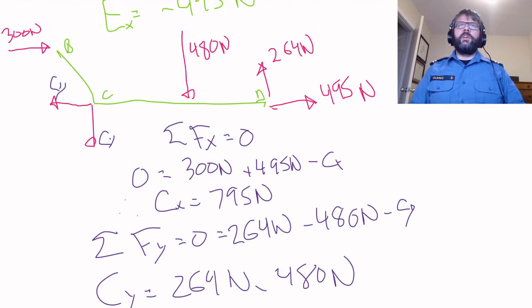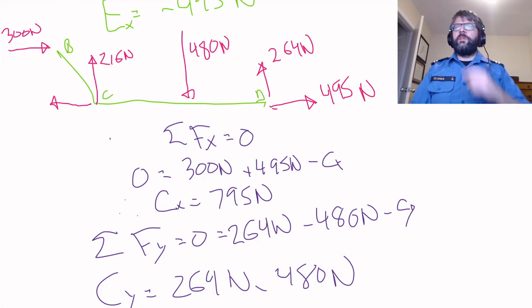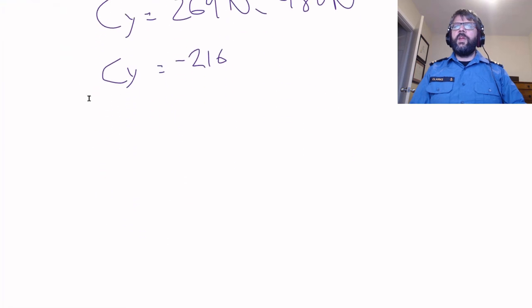I'll go ahead and fix the sign there. So that means that on BCD, Cy is actually pushing upwards, 216 newtons. And then on BCD, Cx is 795 newtons.